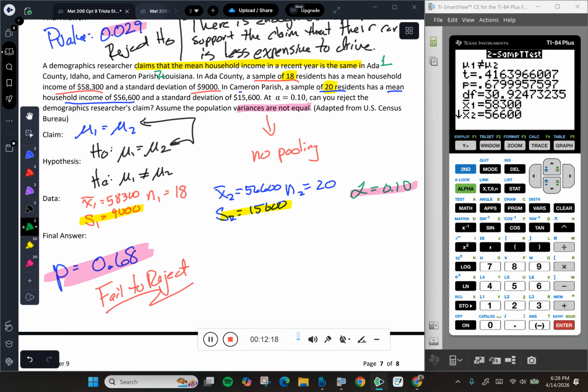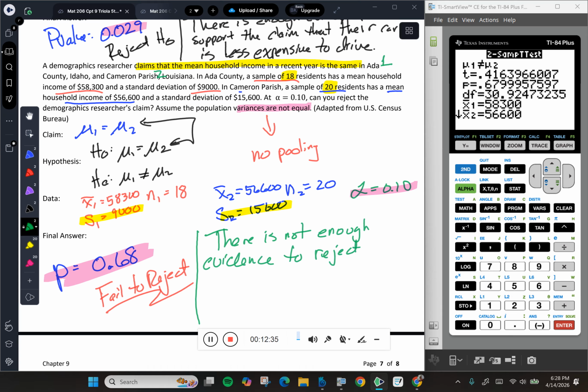I failed to reject the null and the claim is the null, so I will say that there is not enough evidence to reject the claim that they have the same mean.